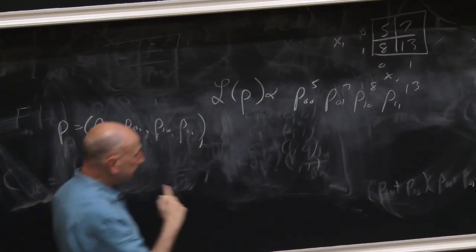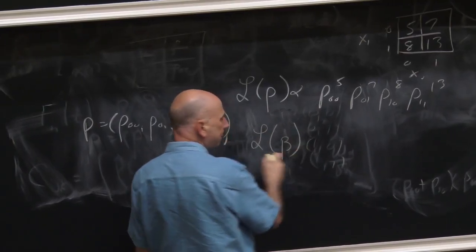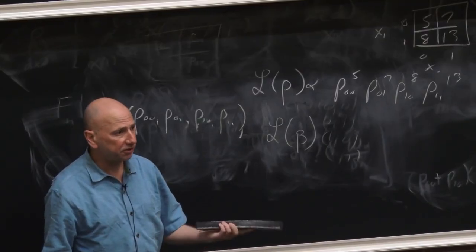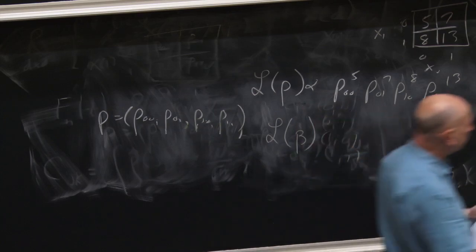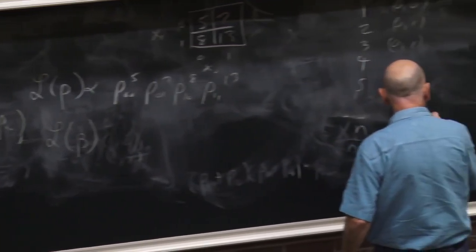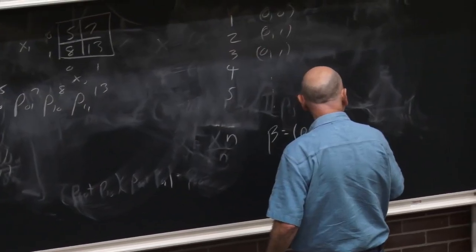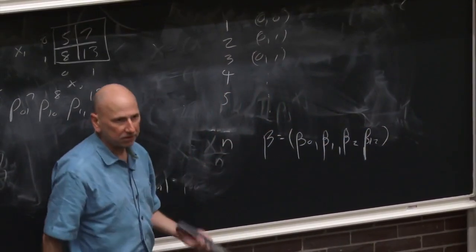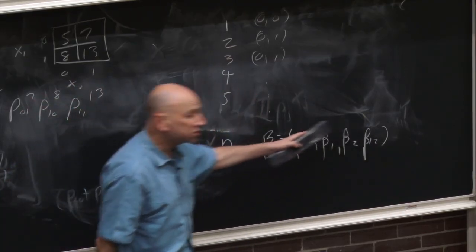However, I can think of this as a likelihood function for beta in the following sense. Imagine the computer, for any vector of betas, where beta is beta 0, beta 1, beta 2, and beta 1,2. Imagine, this isn't how it's done, but imagine you were writing a program doing a grid search over beta.